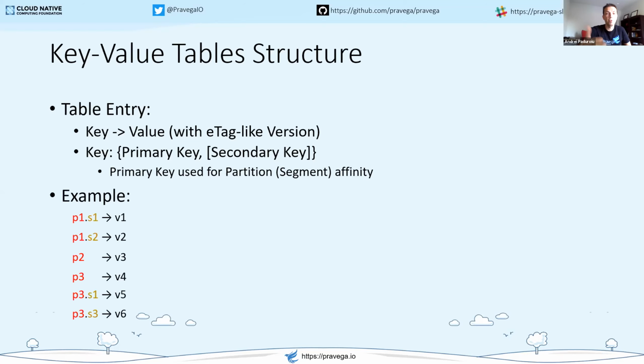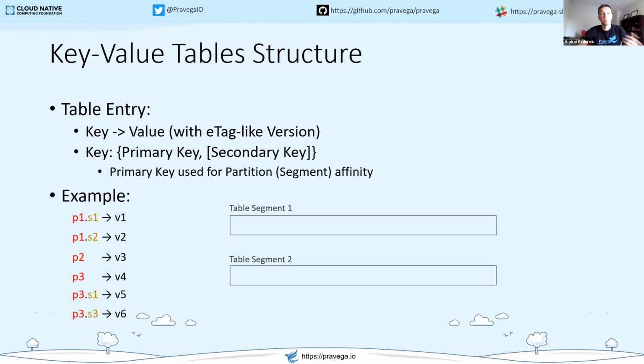For example, let's say we have this simple thing where P stands for primary, S stands for secondary. Suppose you have 3 primary keys where P1 has 2 secondary keys, P2 doesn't have anything, and P3 has one with no secondary key and one with 2 secondary keys. And we have 2 segments, table segment 1 and table segment 2.